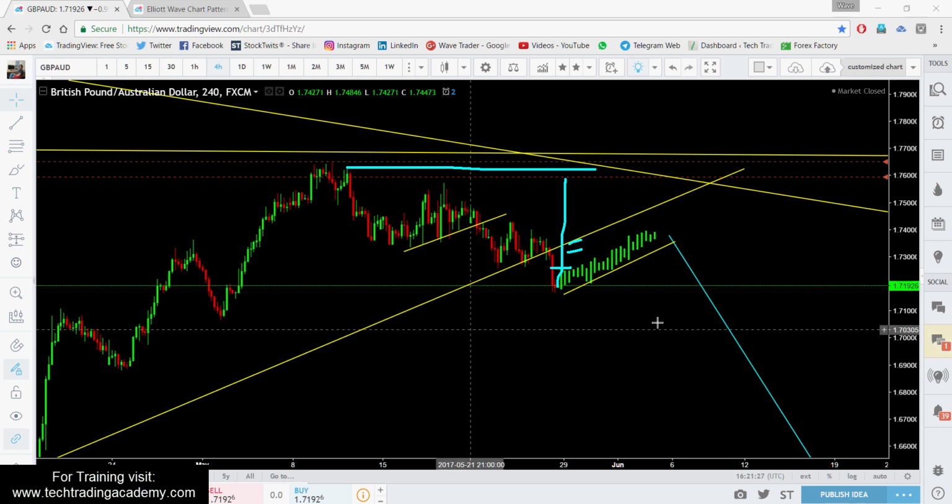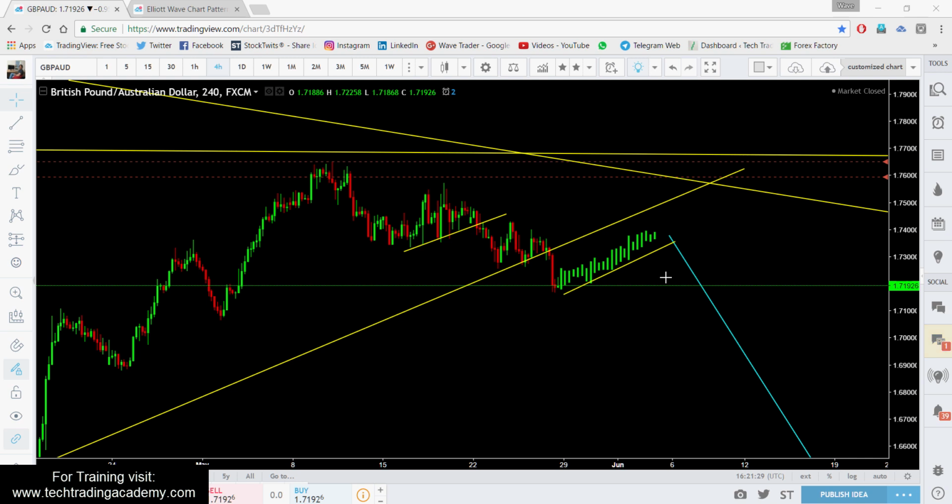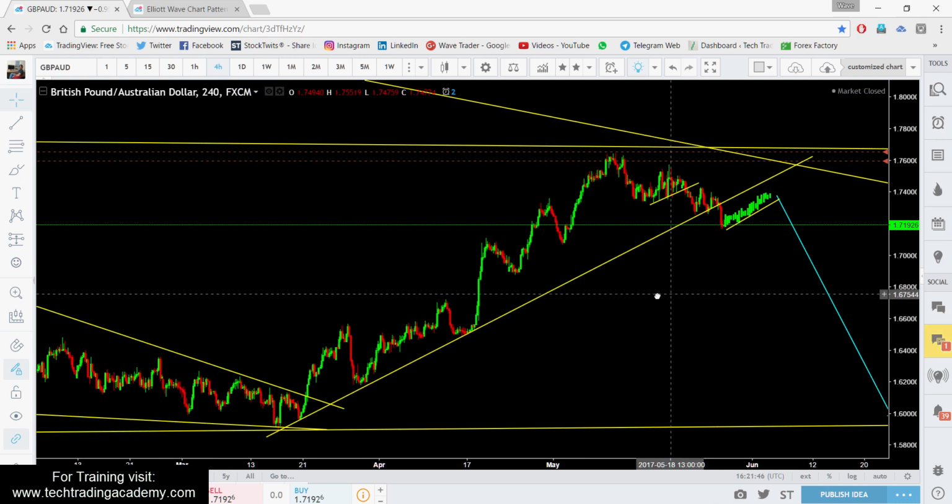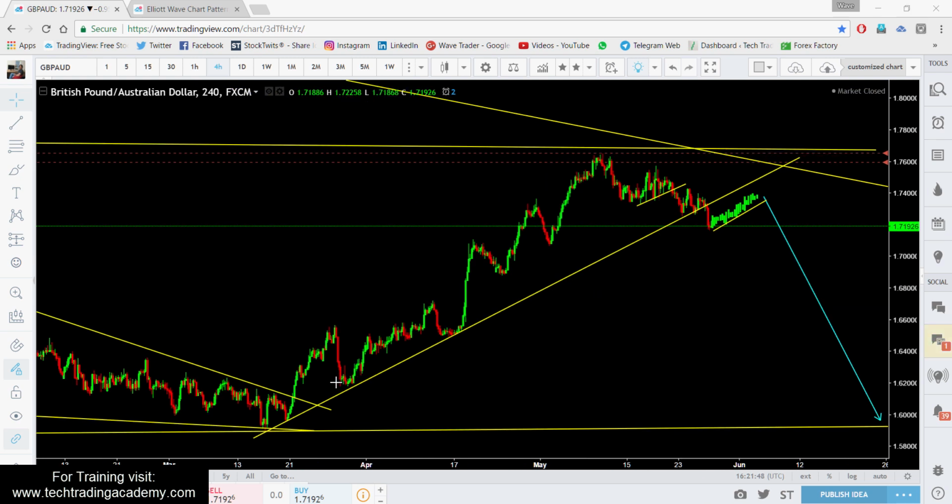If we're not going to see the impulse, and only see the continuation pattern formation, then that trend continuation pattern formation is going to be ideal. Why ideal? Because we have left the bullish trend. You can see the trend price was respecting at that area.